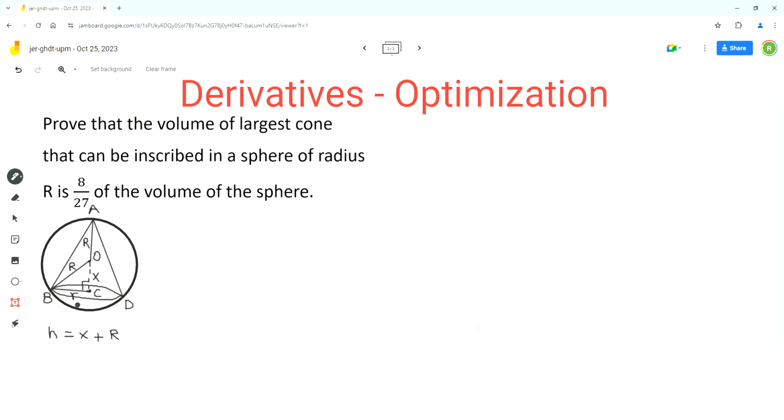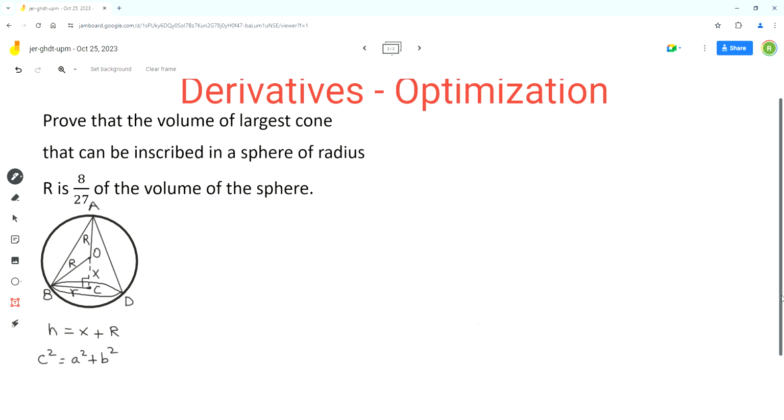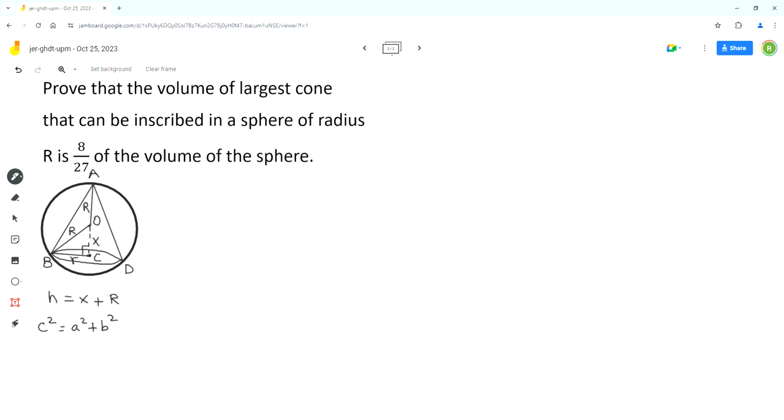Now we can analyze triangle OBC to find the radius of the base of the cone in terms of x and r. Triangle OBC is a right angle triangle, so we can use the Pythagorean theorem. C represents the length of the hypotenuse, and that's r.